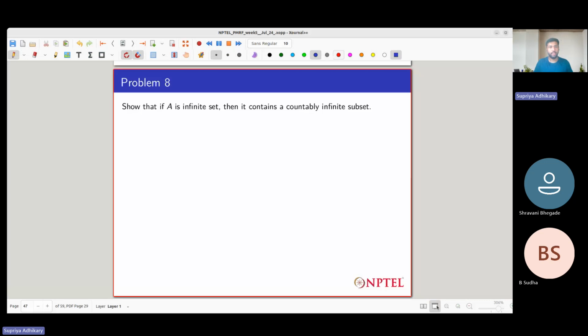This is a very easy proof. If we consider A to be an infinite set, we don't know if it is countable or uncountable, but we know that it is an infinite set.